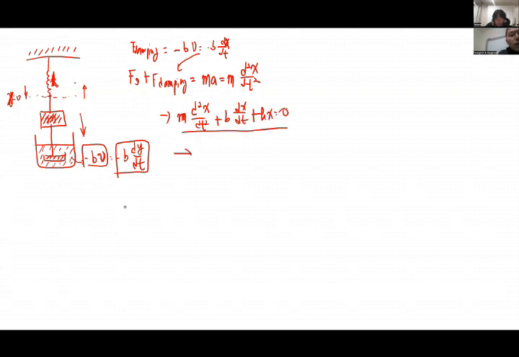And its solution is already well known from the second order differential equation.